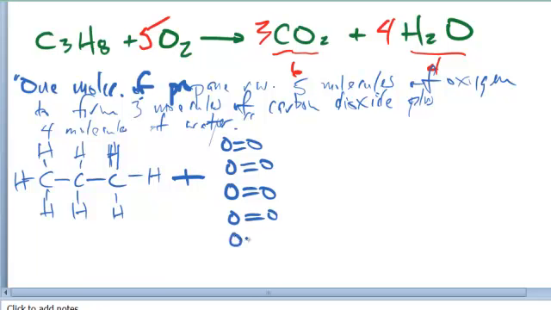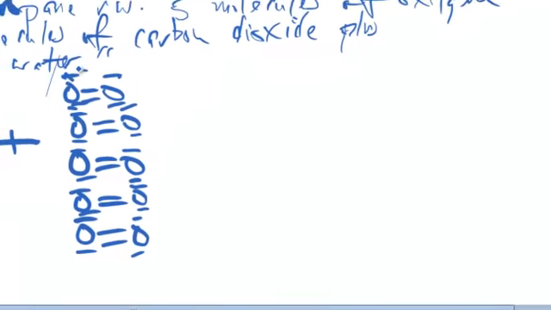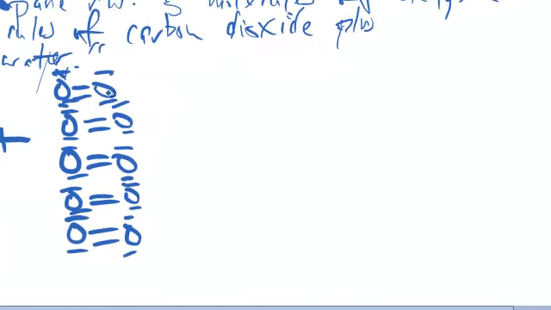So literally, I'm going to draw 5 molecules of oxygen, and just bear with me. I'm going to use a line to indicate the non-bonding electron pairs, because my stylus is not very good at drawing individual dots. We understand that each oxygen has 2 pairs of non-bonding electrons.